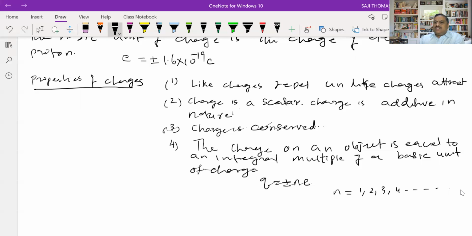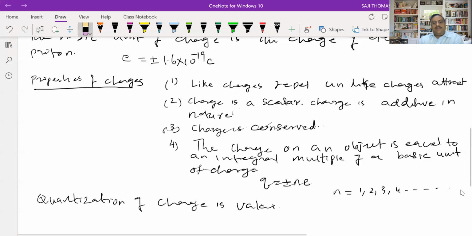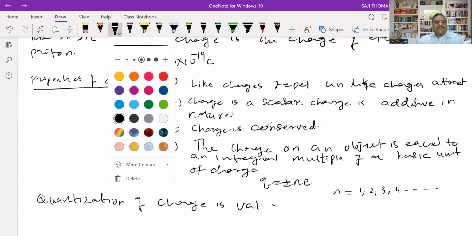Quantization of charge is valid only in the microscopic approach. What is the microscopic approach? Charges will be small in amount, in number.